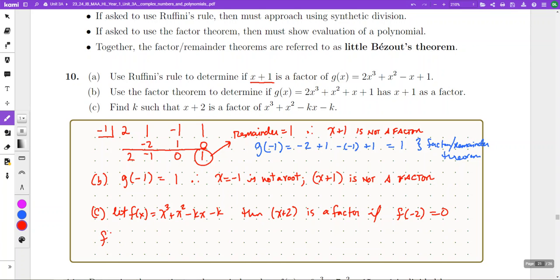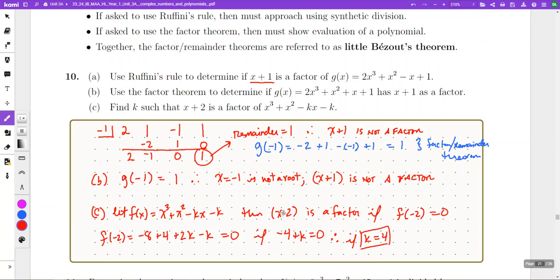Okay, well, what would be f of -2? f of -2 would be -8 plus 4 plus 2k minus k. And that needs to equal 0. And that will equal 0 if -4 plus k is equal to 0. So therefore, k is equal to 4.